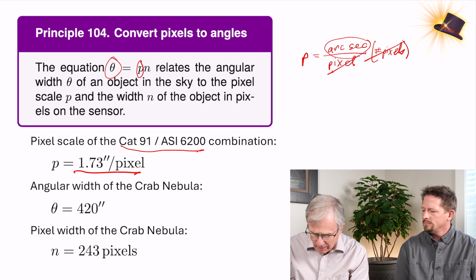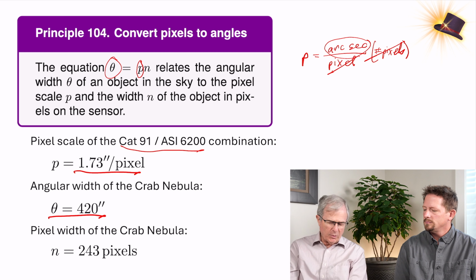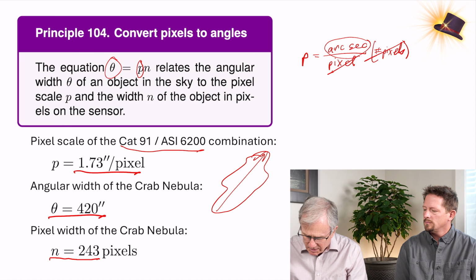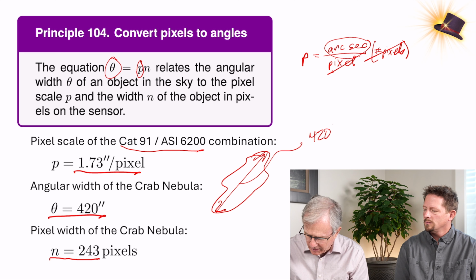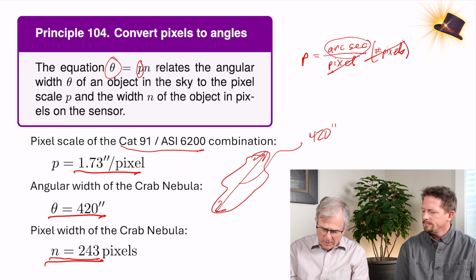The pixel scale of that combination is 1.73 arcseconds per pixel. The angular width of the Crab Nebula is about 420 arcseconds. And if you want to know how many pixels across the Crab Nebula is going to be, we know that the angle across it from end to end is 420 arcseconds, and then the number of pixels you get across there is 243.